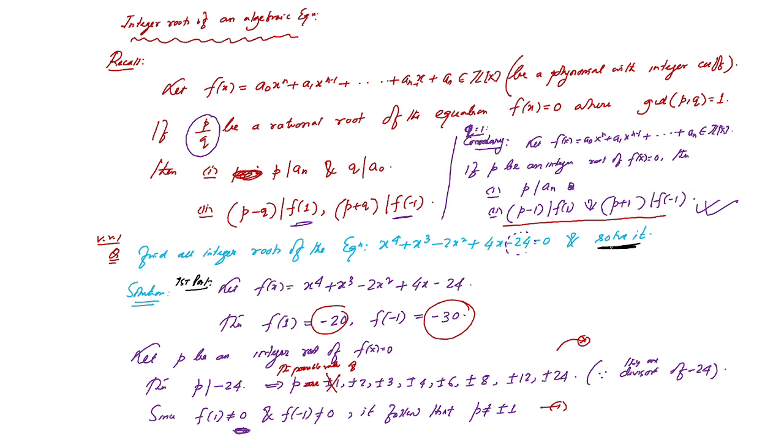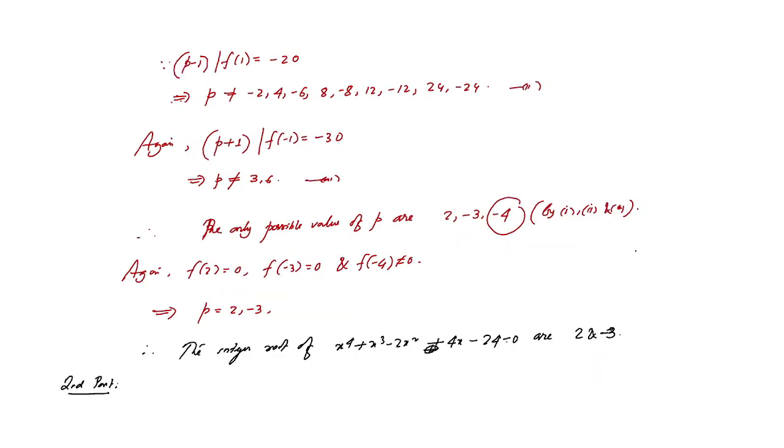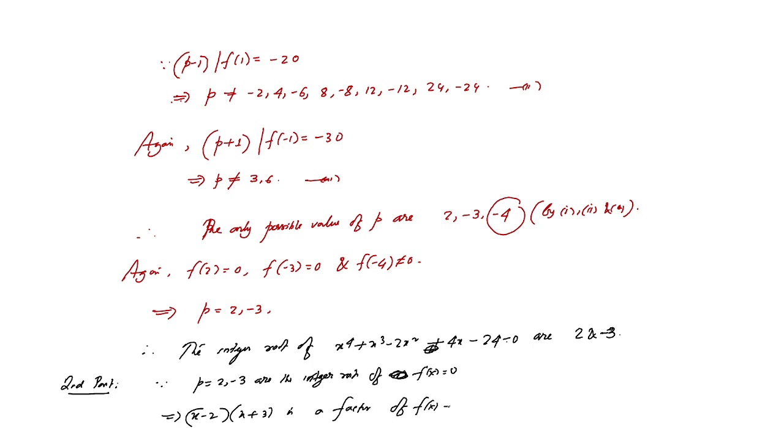That means we need to find all the roots. So 2 roots are integers. Since p equals 2 and minus 3 are integer roots of f(x) equals 0, that means x minus 2 and x plus 3 are factors. By the factor theorem, the factor of f(x) equals x to the power 4 plus x cube minus 2x square plus 4x minus 24.